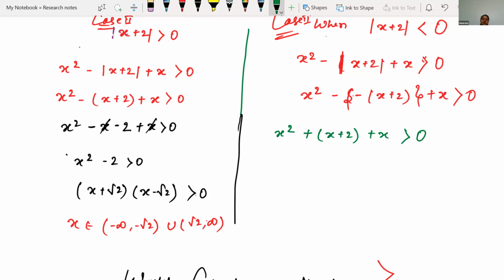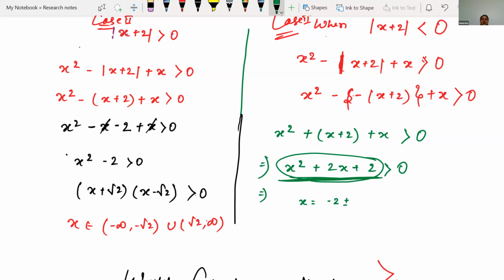If we try to solve this, is it possible to factorize it? If we solve this quadratic directly by the formula method, what will we get? x is equal to minus b plus minus under root b square minus 4ac.